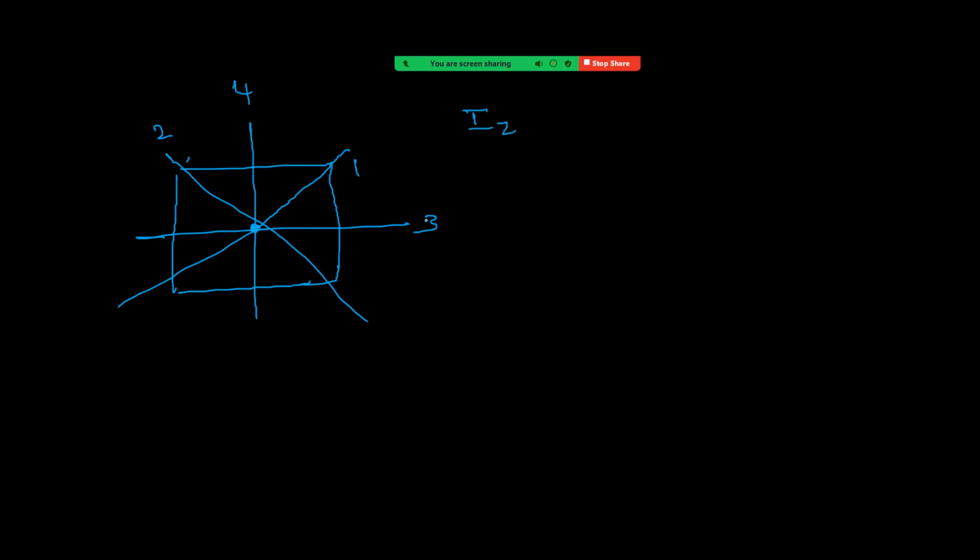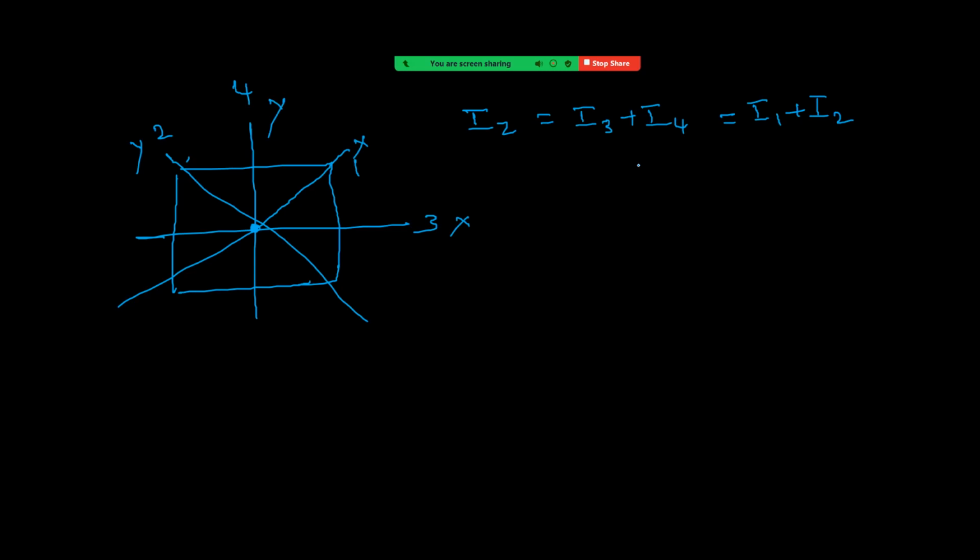Iz equal to, suppose I am taking this 3 as x axis and 4 as y axis. It is equal to Ix plus Iy, means I3 plus I4, right? Or if you call 1 as x axis and 2 as y axis, then this can be taken as I1 plus I2. Okay.